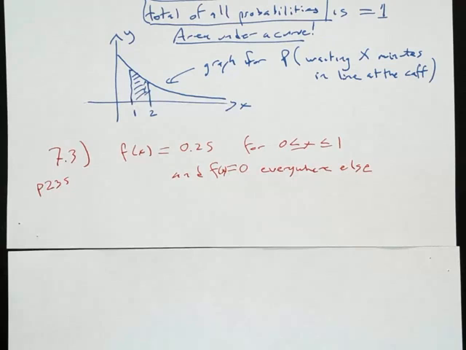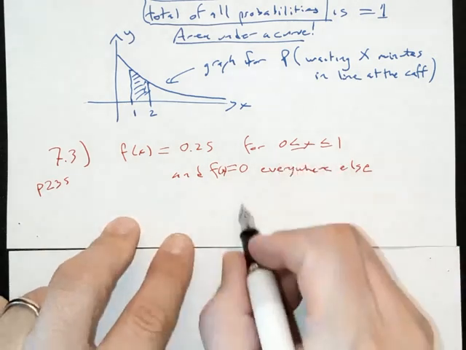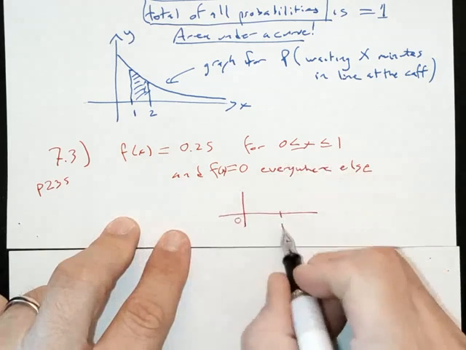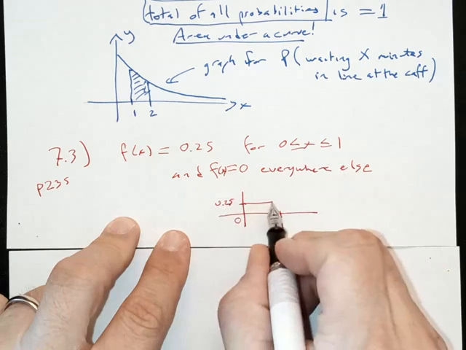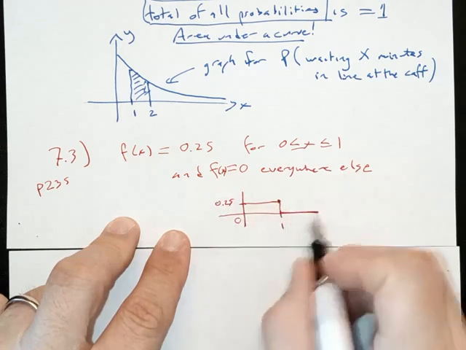It'd be a straight line, right? It'd be a horizontal line. But it would only be that horizontal line between 0 and 1. Everywhere else, my graph is 0.